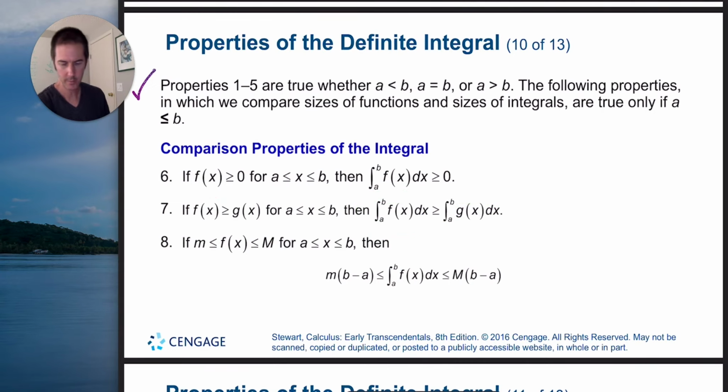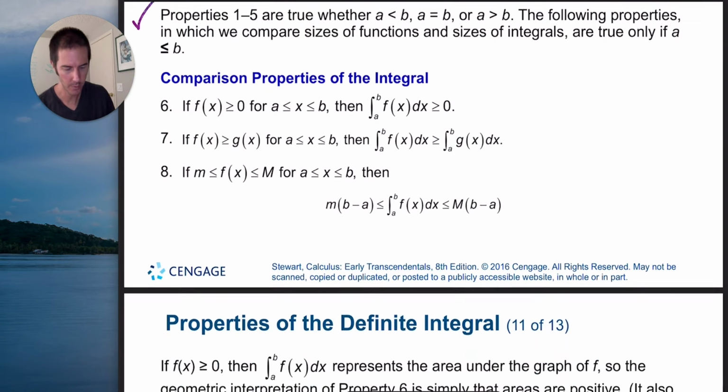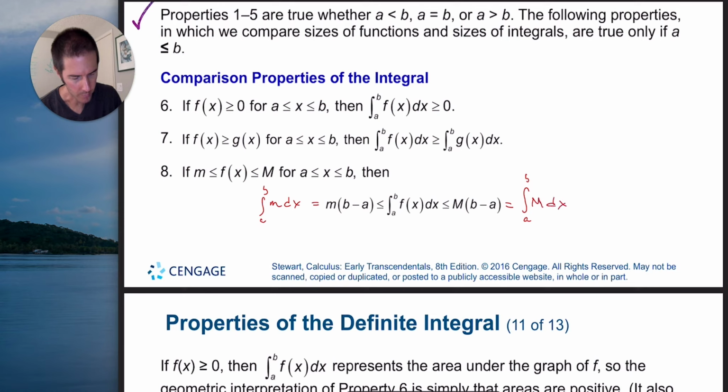Number 8 says that if a constant value is less than your function is less than some other constant value on an interval, then I suppose I should tell you that this is equal to the integral from a to b of lowercase m with respect to x, and the rightmost portion of this is equal to the integral from a to b of capital M with respect to x.